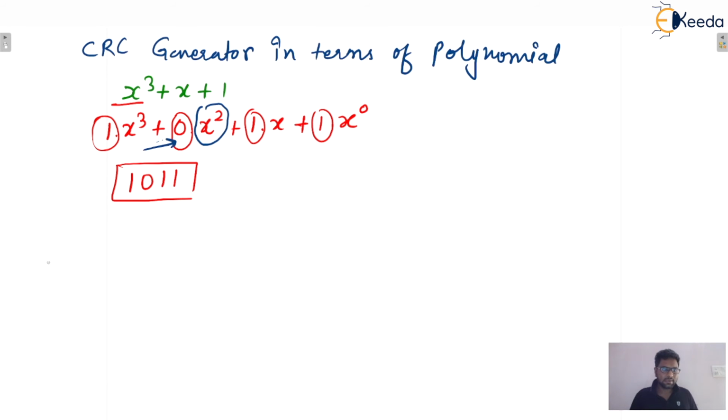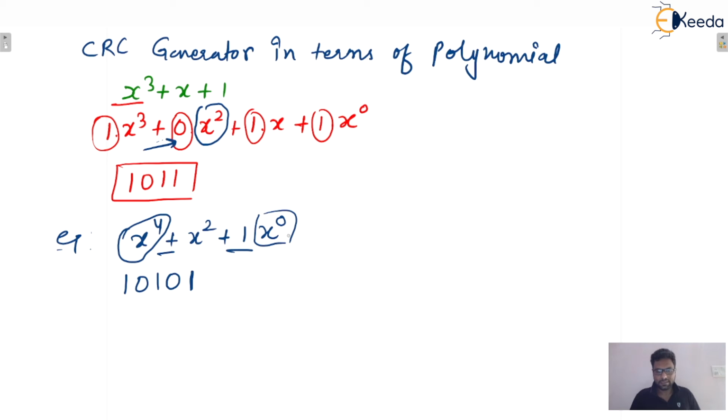Similarly, let's say x power 4 plus x square plus 1 is given to you. x square is there, so there will be 1. x cube is missing, so there will be 0. x power 1 is missing, so that is 0. And x power 0 is there, that is 1, because it is multiplied with x power 0 by default.